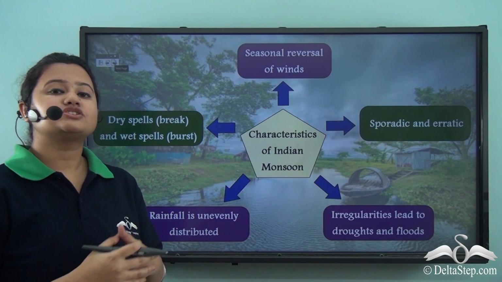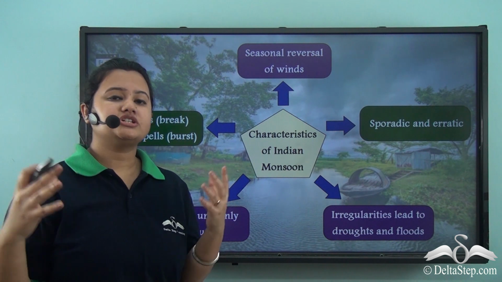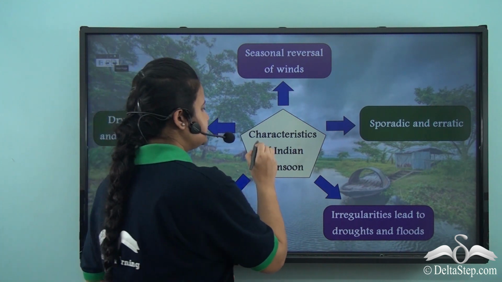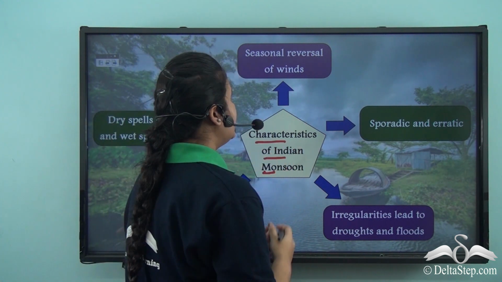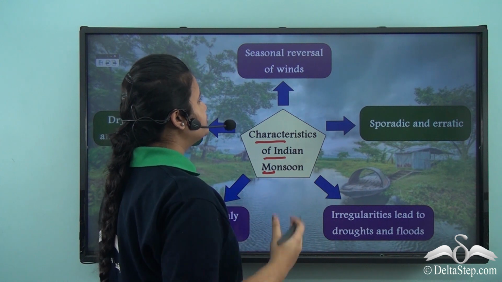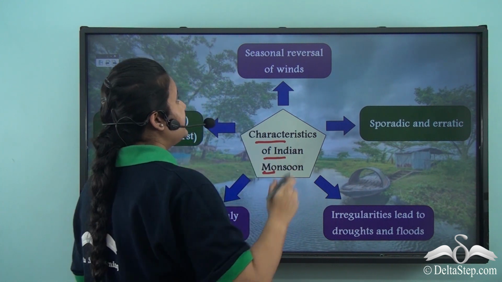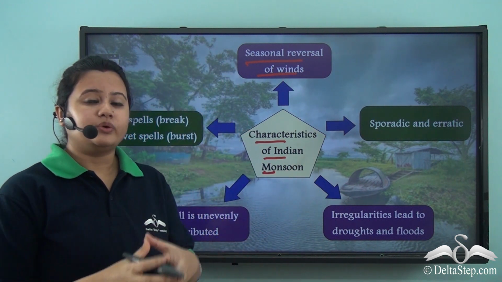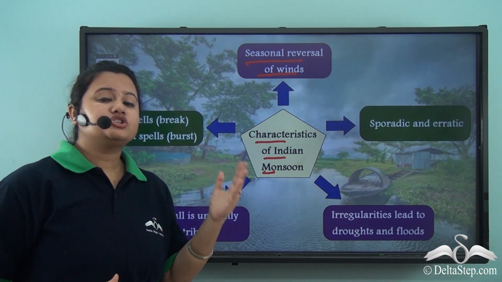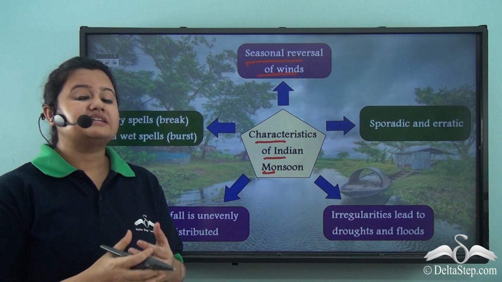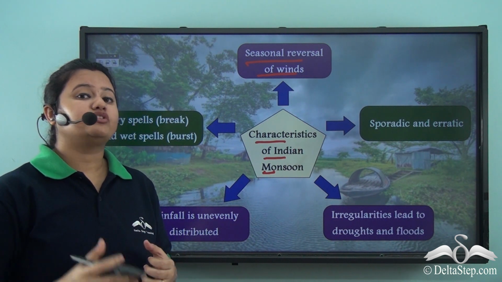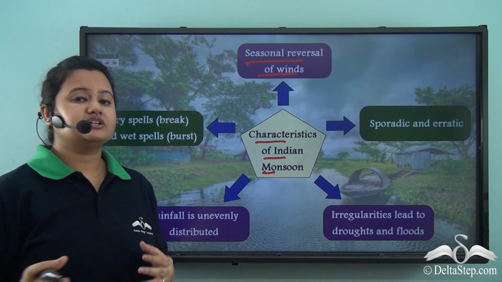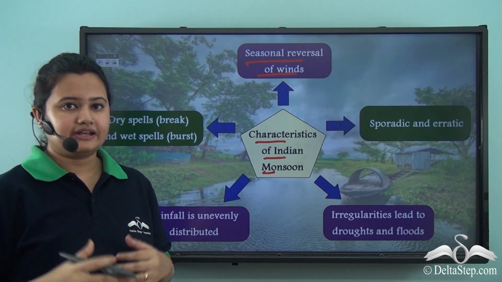So now let us quickly summarize the important characteristics of Indian monsoon. Well, we discussed that Indian monsoon is characterized by the seasonal reversal of winds, which means that the winds blow from sea to land during summer and in southwest direction, and from land to sea during winter or in northeast direction.